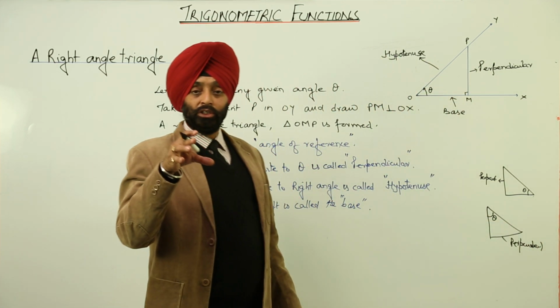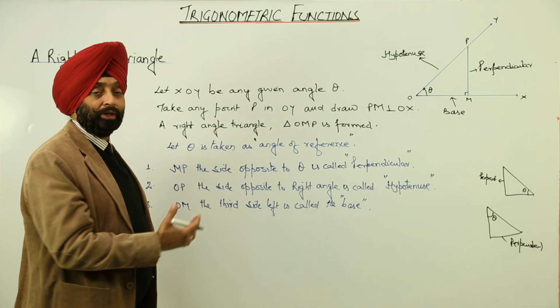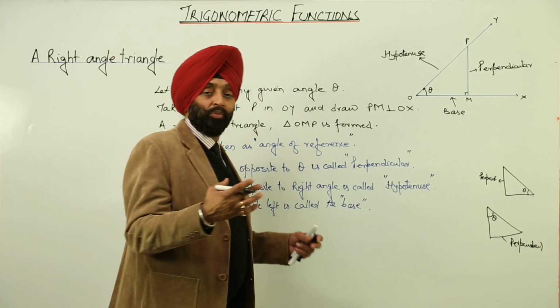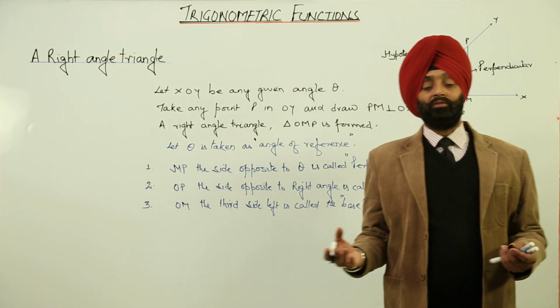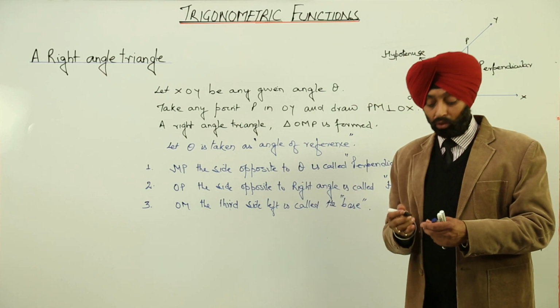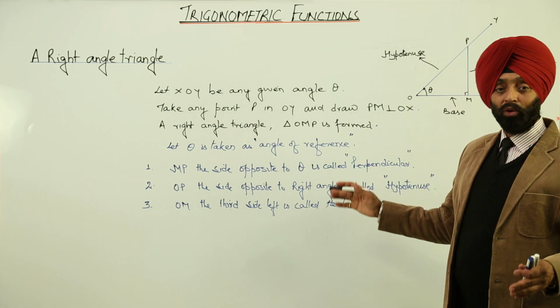So this is the major thing we should remember for each and every type of triangle: where theta is, where the right angle is, what is opposite to theta, what is opposite to the right angle, and the remaining third side will always be the base. This was a basic you have already done in class 10th. I have just given you a small recap of this.